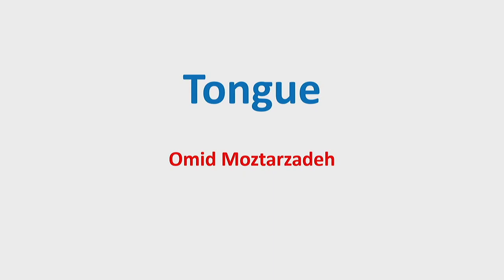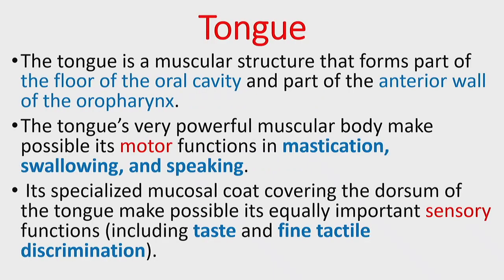Today's subject and the topic is the tongue, something about the sublingual region and also the supra- and infrahyoid muscles. Regarding the tongue, it is a very powerful muscular structure forming the floor of the oral cavity and also somehow forming the anterior wall of the oropharynx.